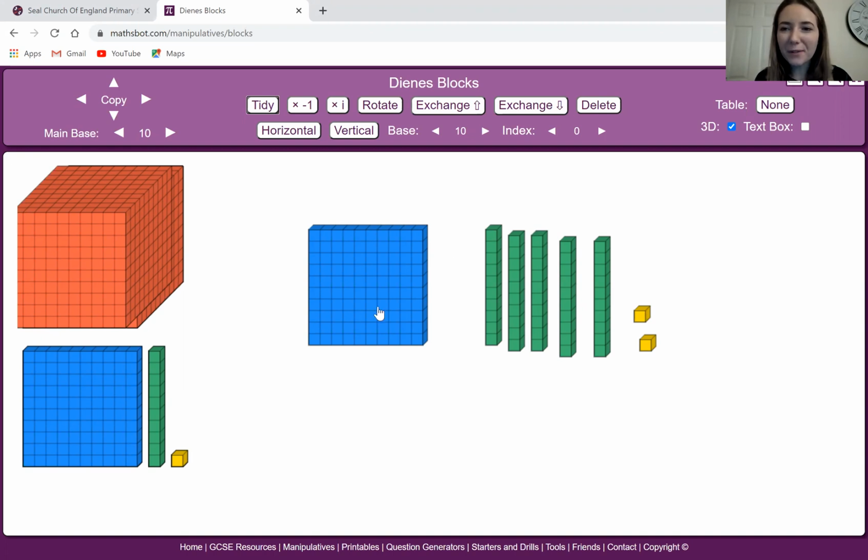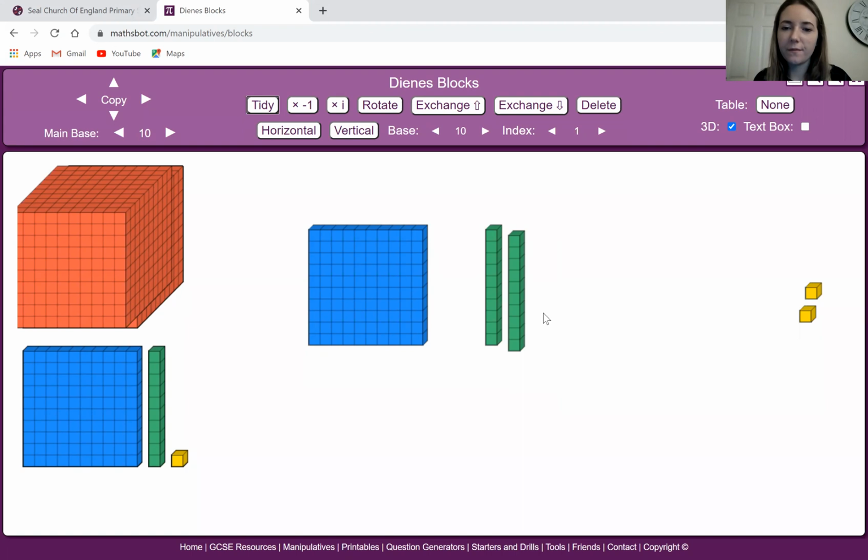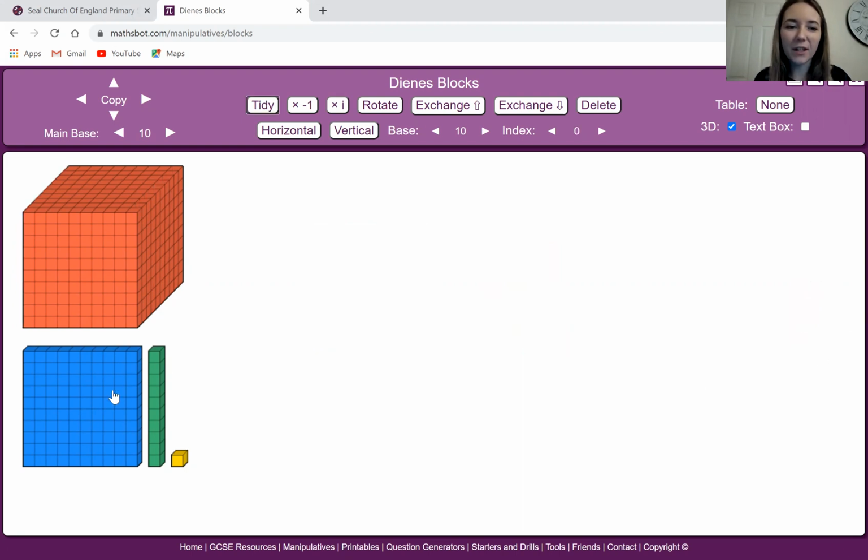Well done, it's 100, because we know we can take away all of this. This is 52. So we can take away our 2 and we can take away our 50. And we're left with 100. Well done. Let's have another go.